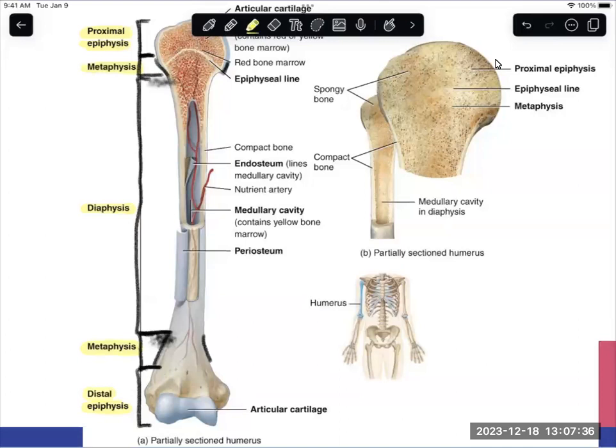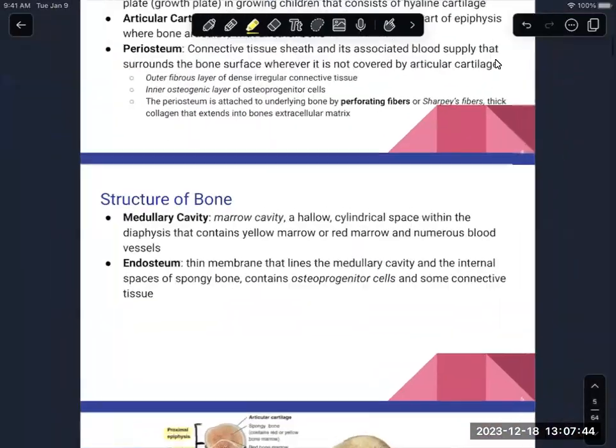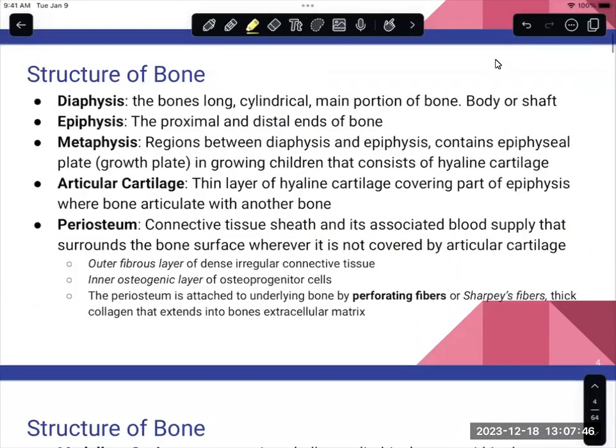All of our bones are wrapped in this periosteum. Pretty sure I saw it above. Yep, that periosteum. It's connective tissue. We mentioned there was connective tissue in bone.